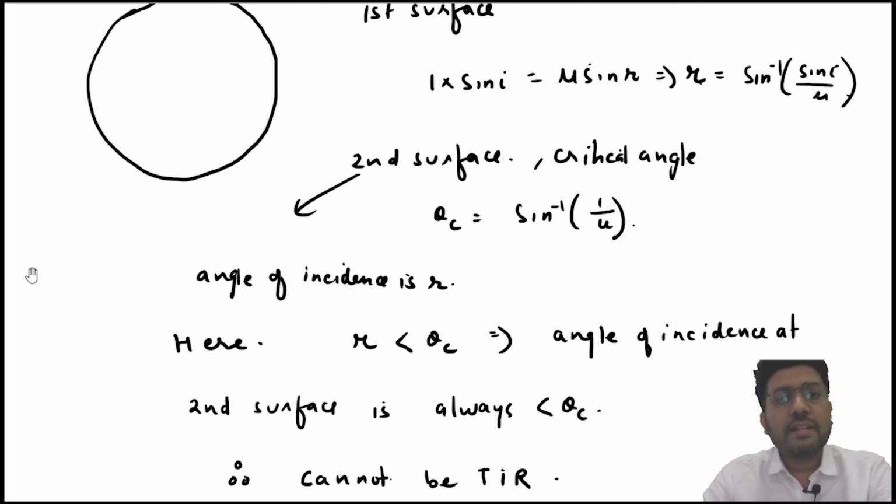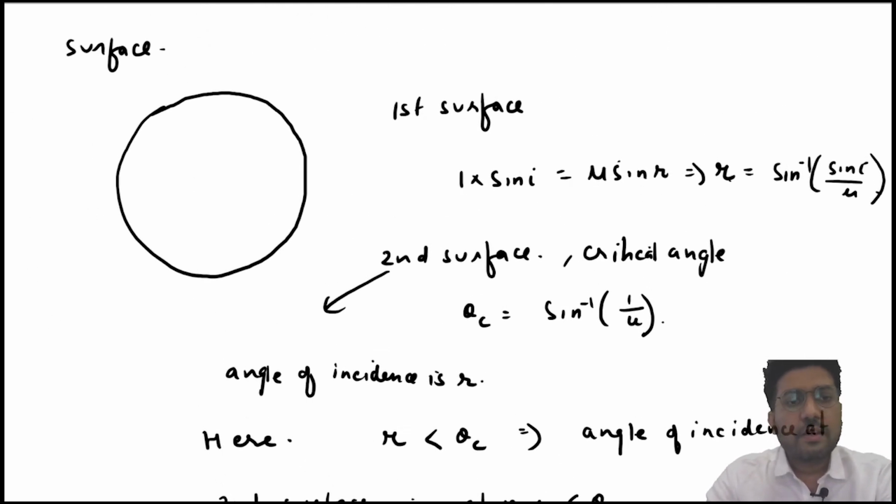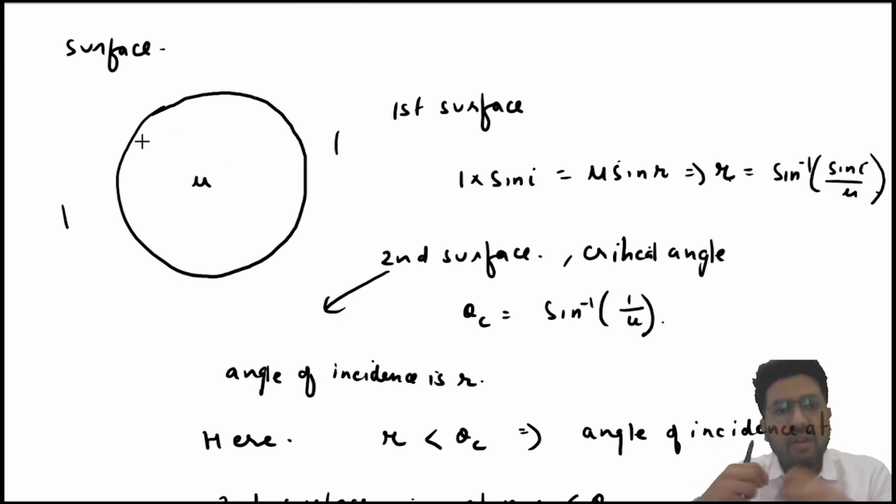Okay, so in case of a transparent sphere where both sides have the same medium and the refractive index of the glass sphere is more than the surrounding medium, it is not possible for the second surface of the sphere to show total internal reflection.